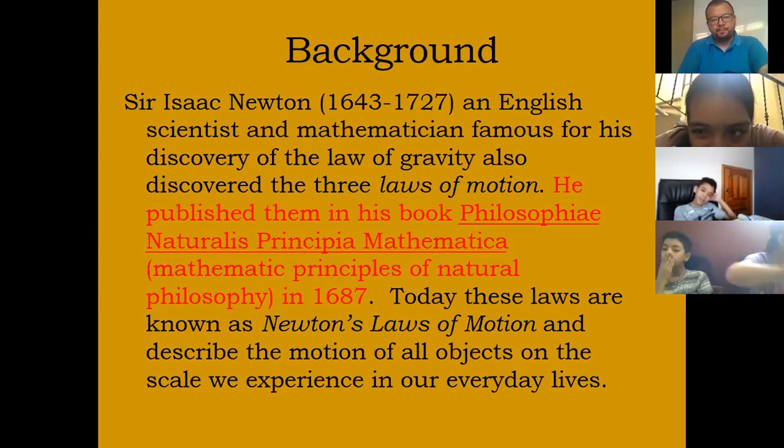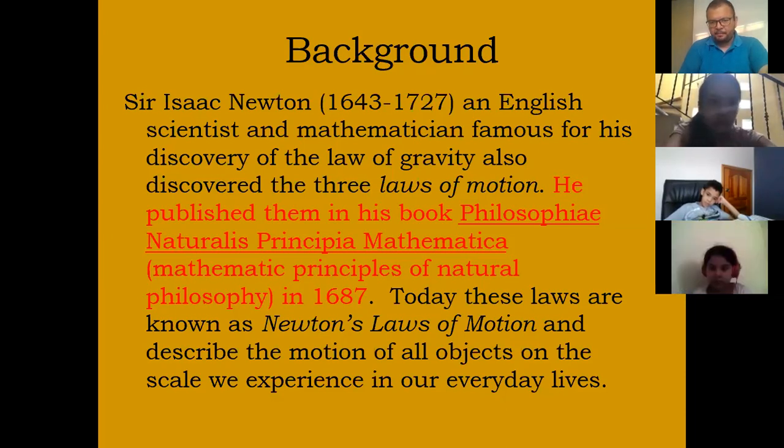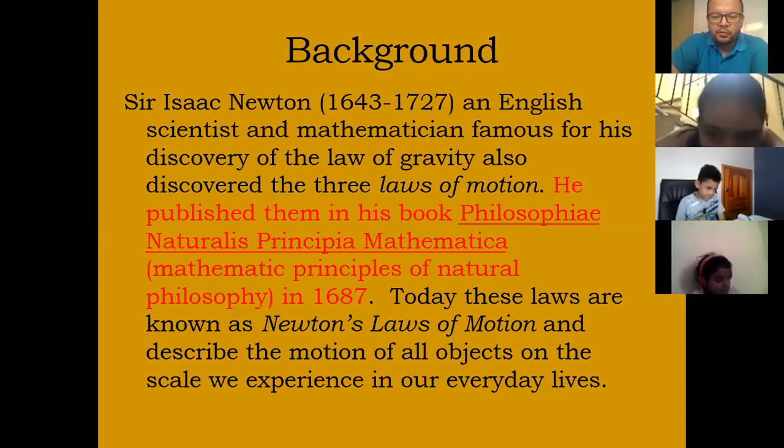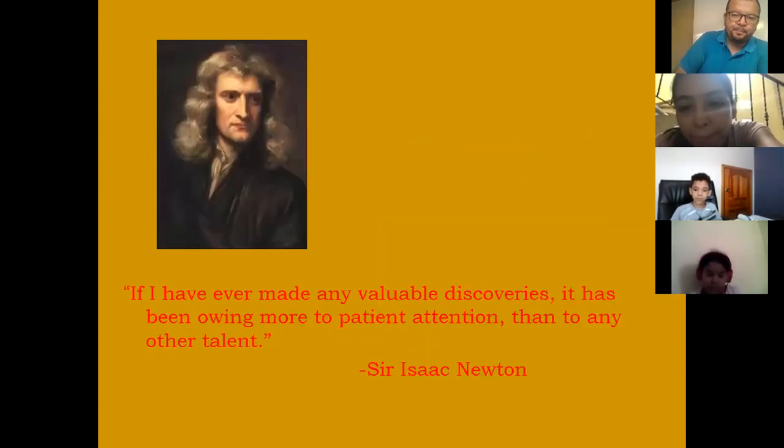He published them in his book Philosophiae Naturalis Principia Mathematica, or Mathematical Principles of Natural Philosophy, in 1687. Today, these laws are known as Newton's laws of motion, and they describe the motion of all objects at the scale we experience in our everyday lives. This is a picture of him.